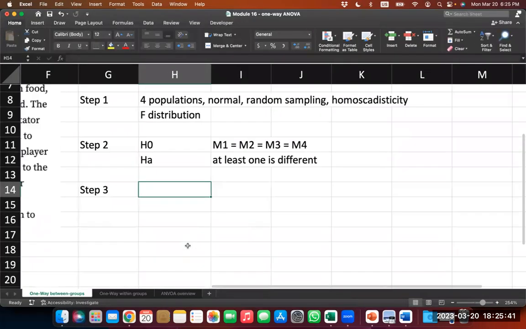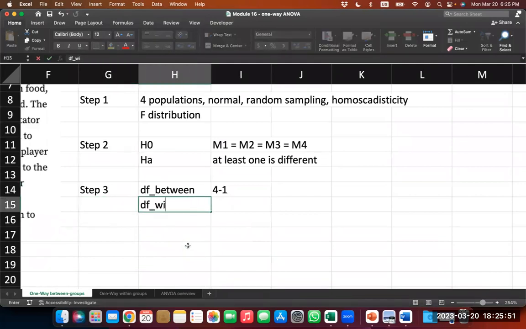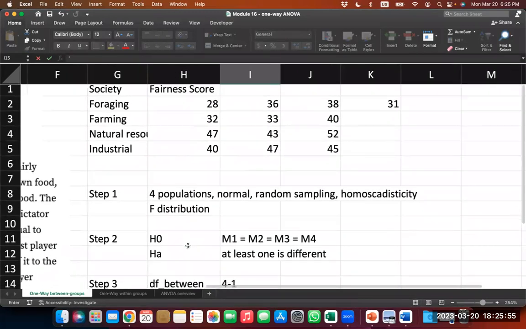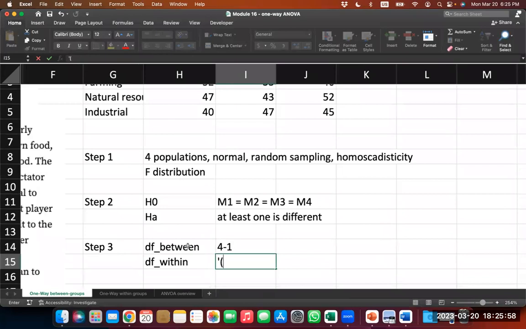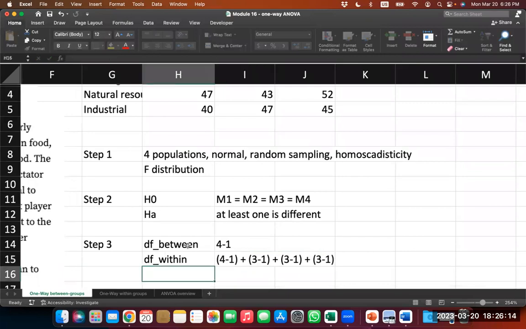And that's easy, right? The degrees of freedom between is now 4 minus 1, so that's 3. And degrees of freedom within is basically, so we have here 4 minus 1 plus 3 minus 1 plus 3 minus 1 plus 3 minus 1.